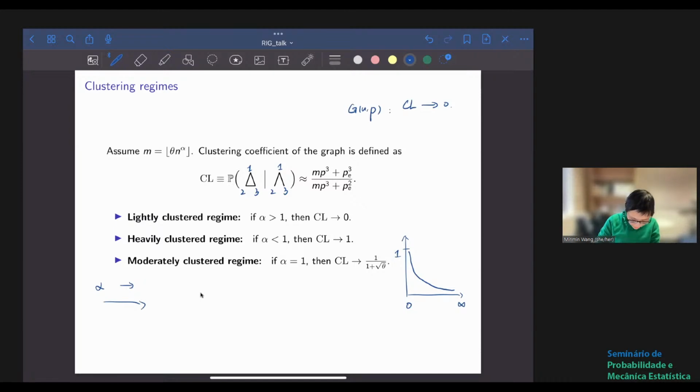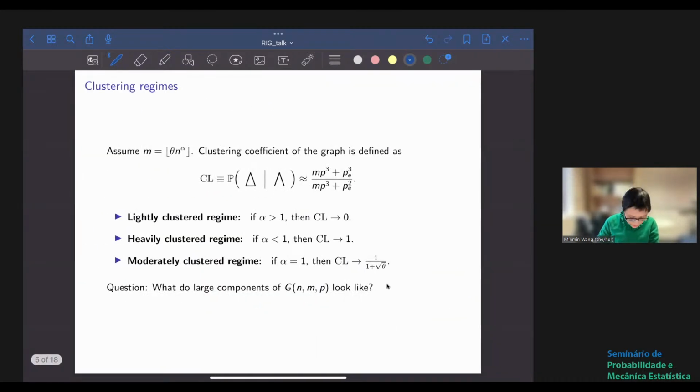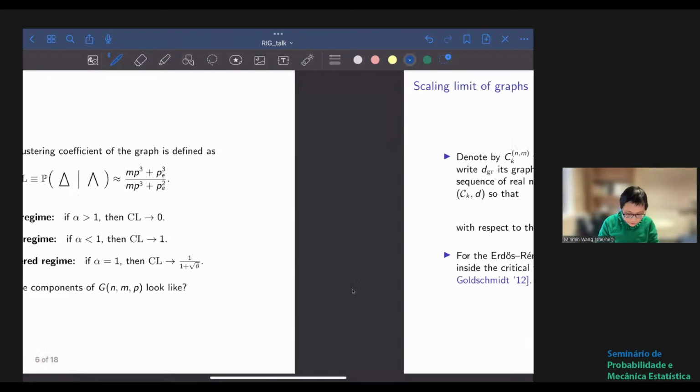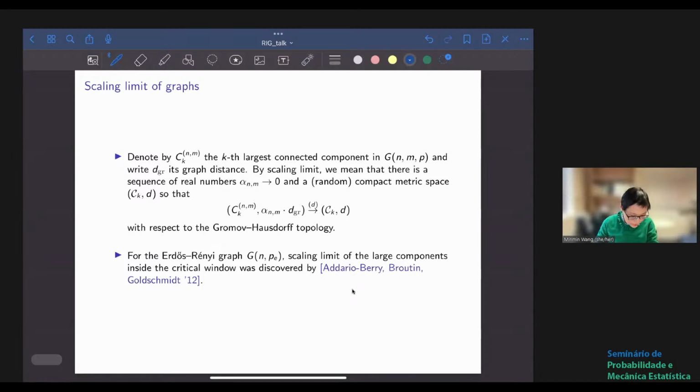So here, my main question is, what do the large components of this random intersection graph look like? There are various ways to extract geometry from a random graph, and the approach I'm taking is the so-called scaling limit of the graph.